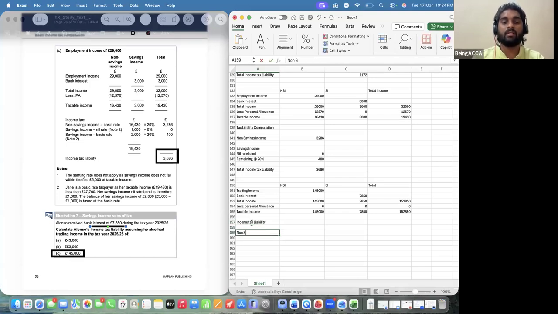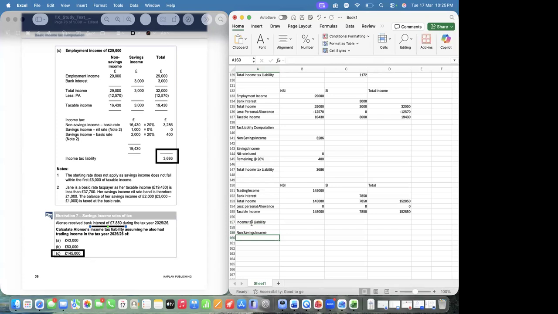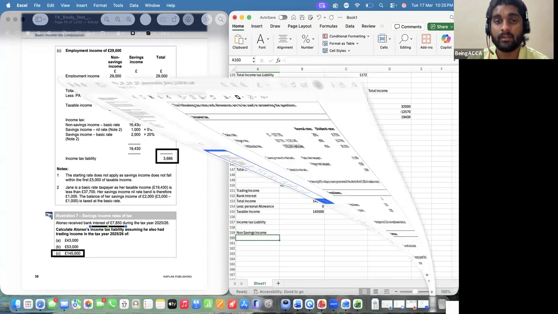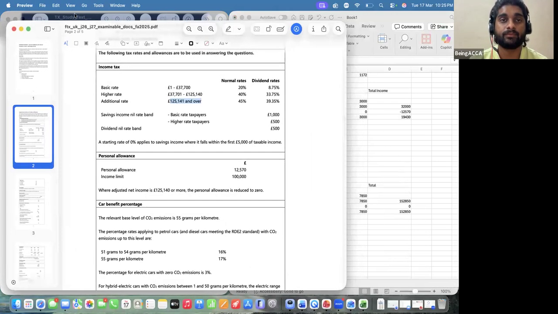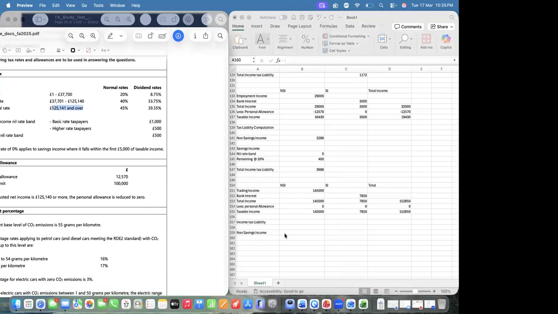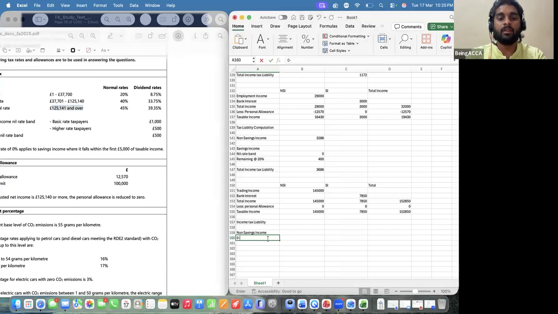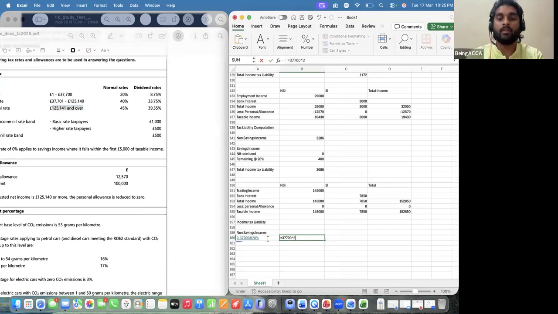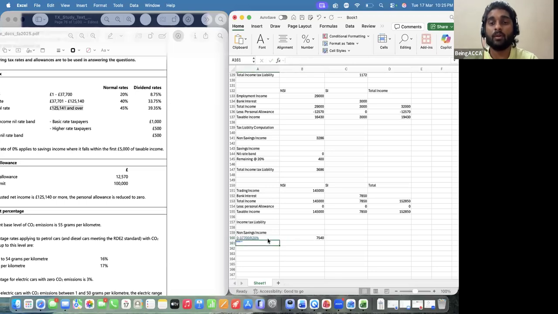First, what do we start with? Non-savings income. He is obviously above the threshold of 37,700. So 0 to 37,700 at 20%, equal to 37,700 times 20%. Is he over the 125,140 limit as well?